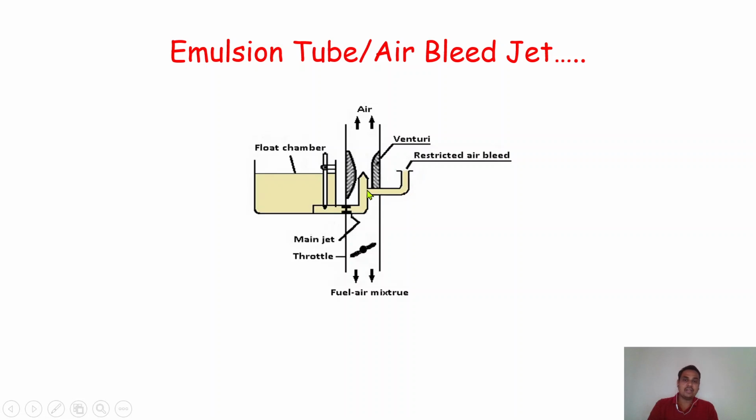This arrangement is nothing but called as the air bleed jet arrangement or the emulsion tube, which is directly connected to the main metering jet of the carburetor, where the amount of fuel will come up through this particular nozzle of the carburetor. Okay, this is about emulsion tube or air bleed jet.